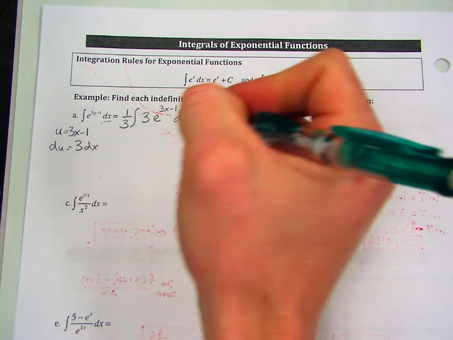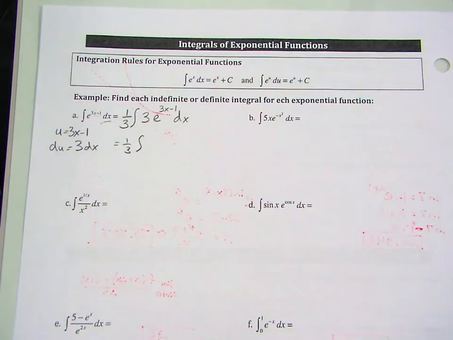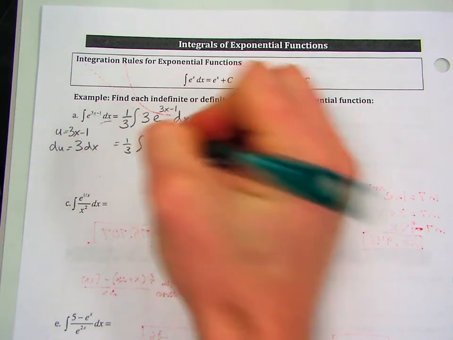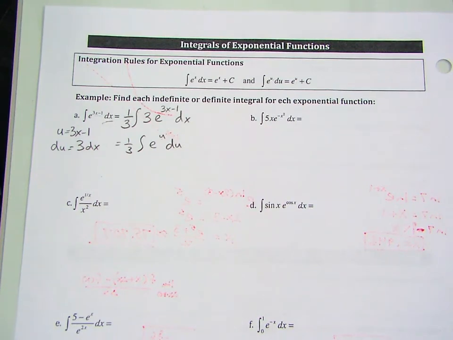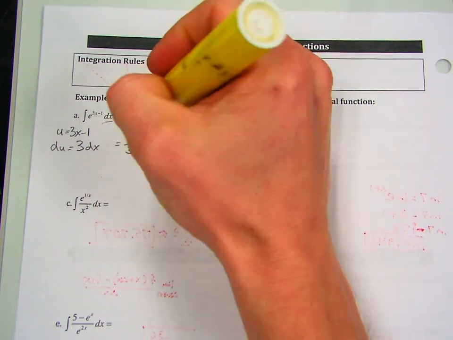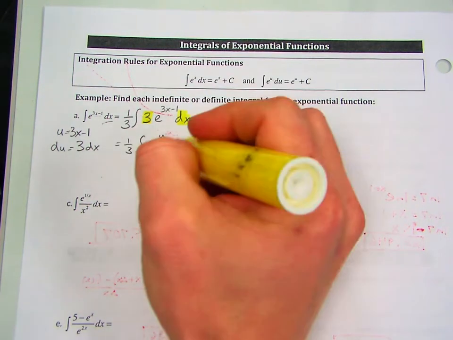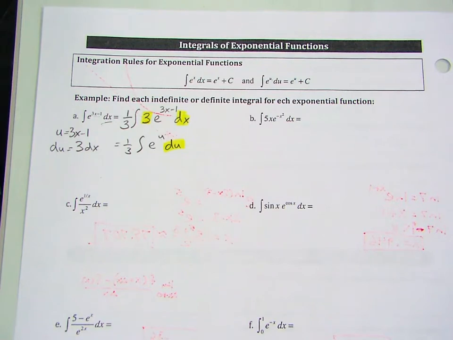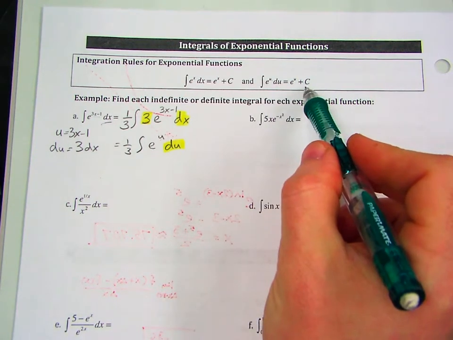Okay. Now you can see that this is in the form 1/3 times the integral of e to the u du. Okay. So everybody catch that 3 dx turns into du? It's the same thing there. And now we're just going to follow our integration rule here.